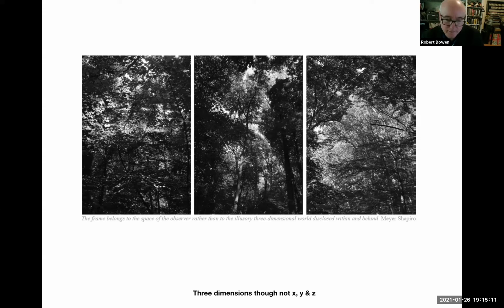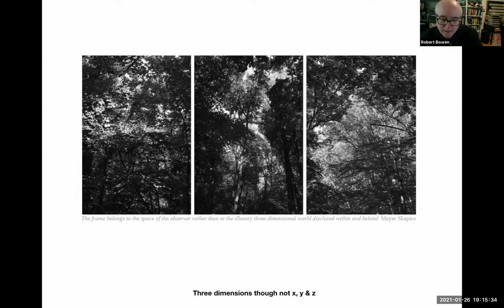For tax reasons, those places got turned into public areas. I started walking around in there and photographing, and I got interested in questioning the frame, what the frame is.